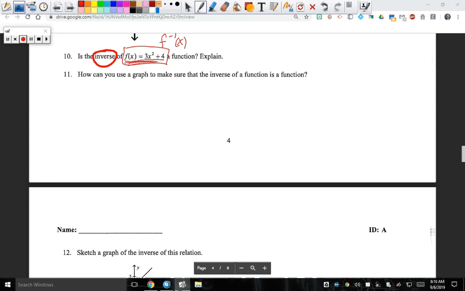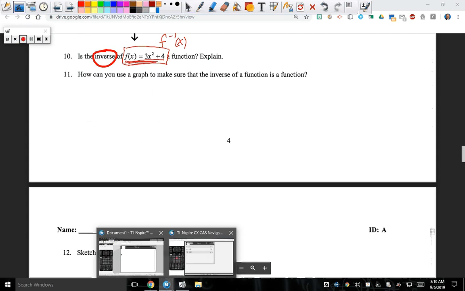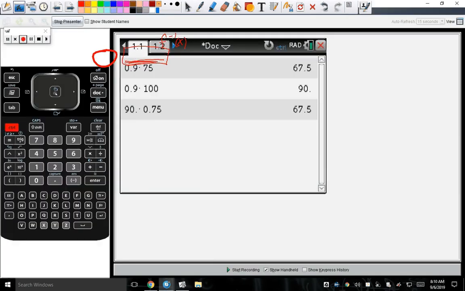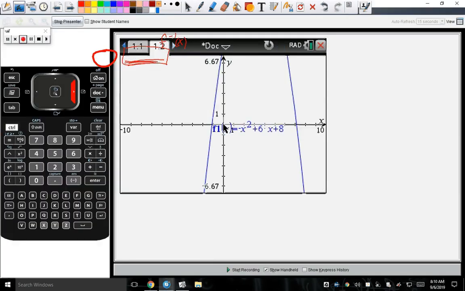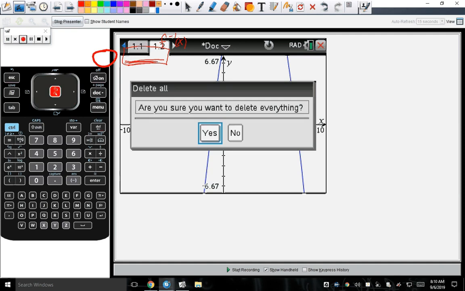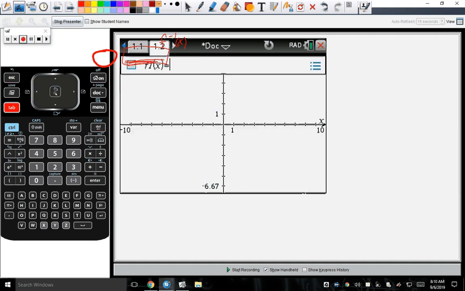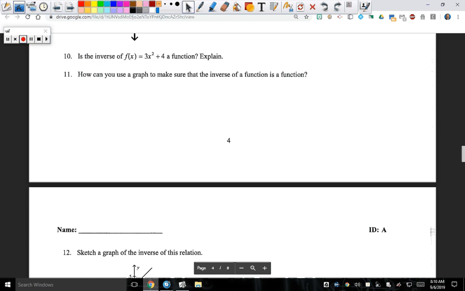First of all, if I were to go to my graphing calculator and put 3x squared plus 4, I'd press Control, right, delete 3 times, yes, because I want to delete everything, and press tab to open up a new y equals. And we're going to put in the function that we were given, which was 3x squared plus 4.